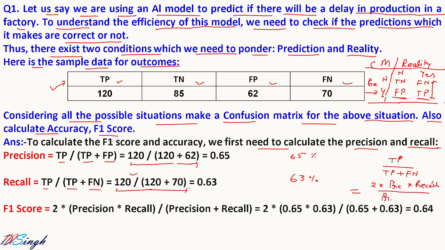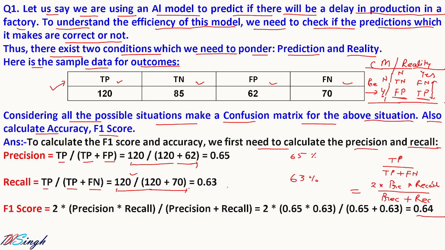The point to remember here is that the multiplication sign is in the numerator and the addition sign is in the denominator. So that is the formula, and then you will write 2 into 0.65 multiplied by 0.63 upon 0.65 plus 0.63, and that is going to give you the value 0.64. So this is the final value for your F1 score.